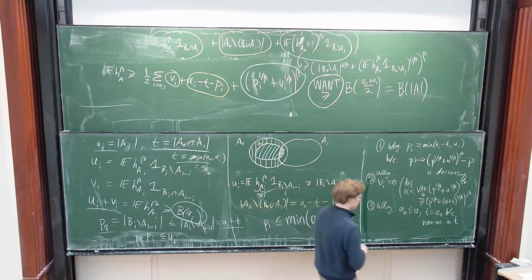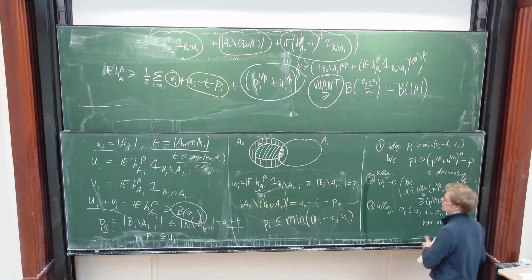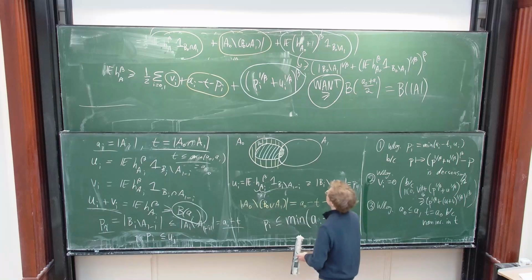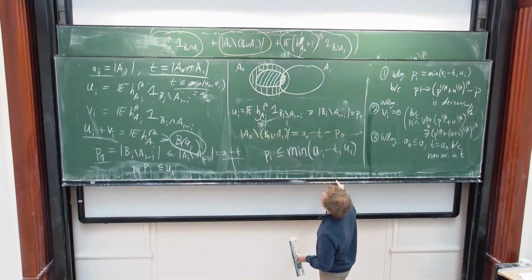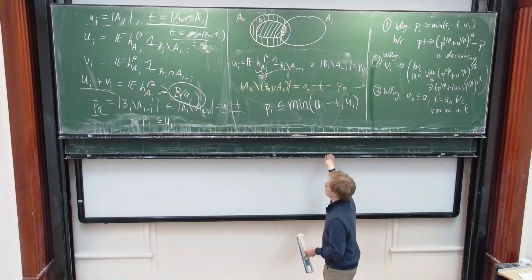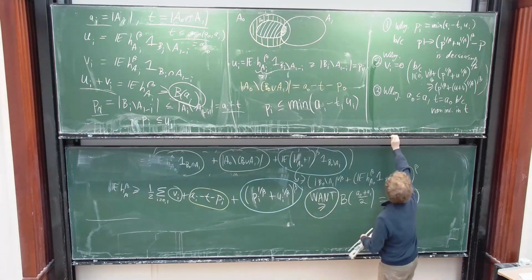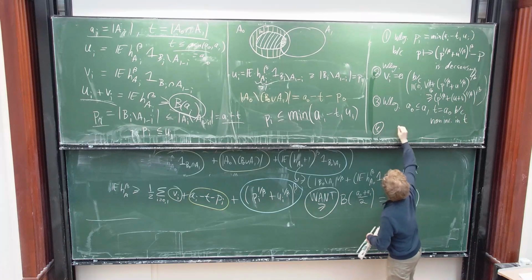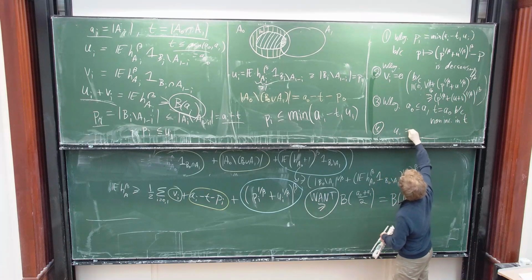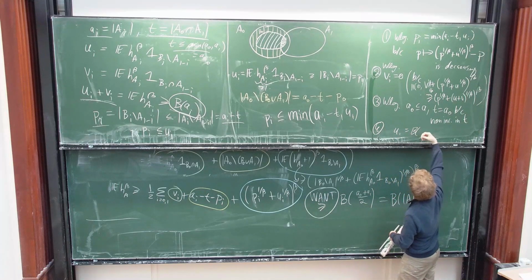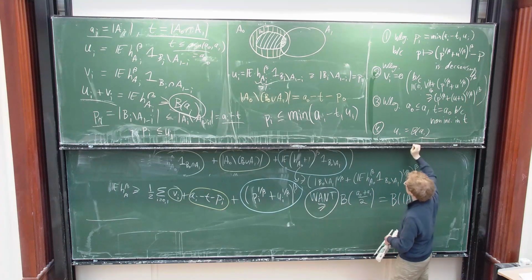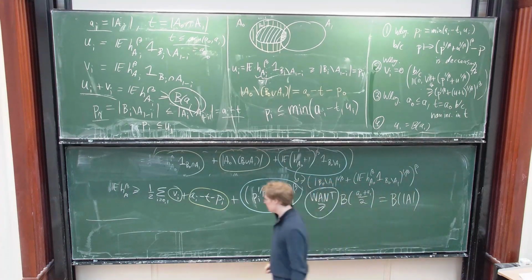And so now if I write down the full expression after the simplification, okay, so the last step is UI is actually B of AI.